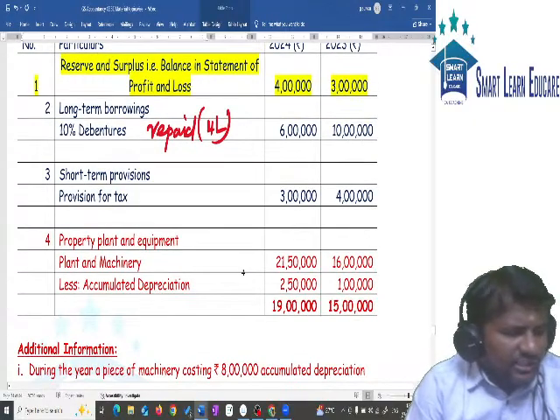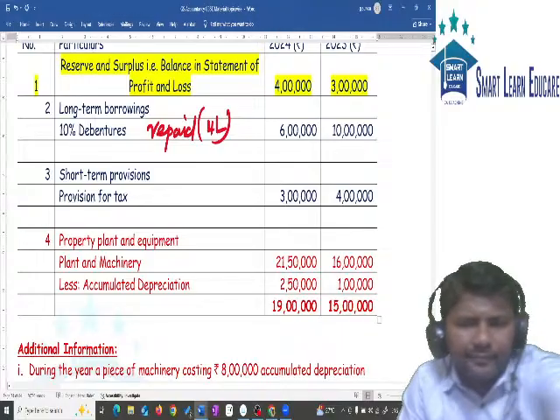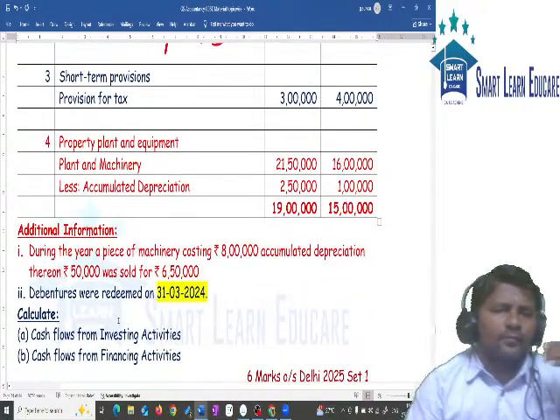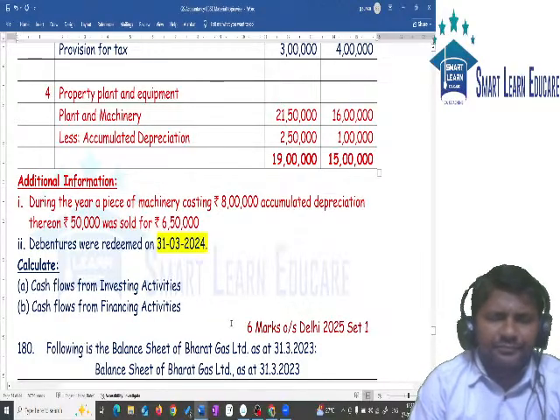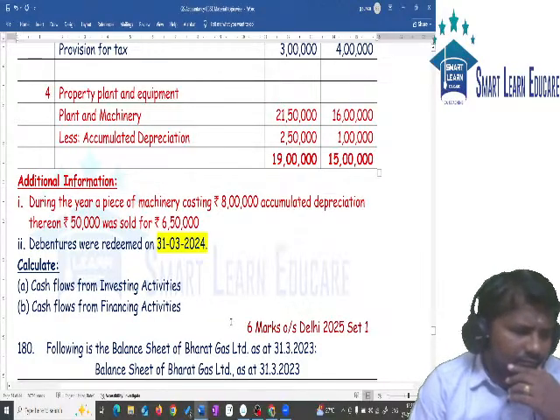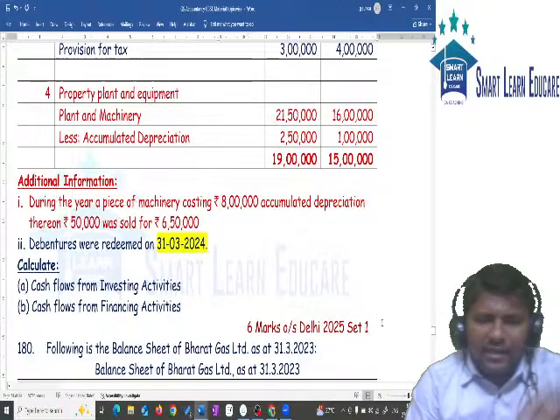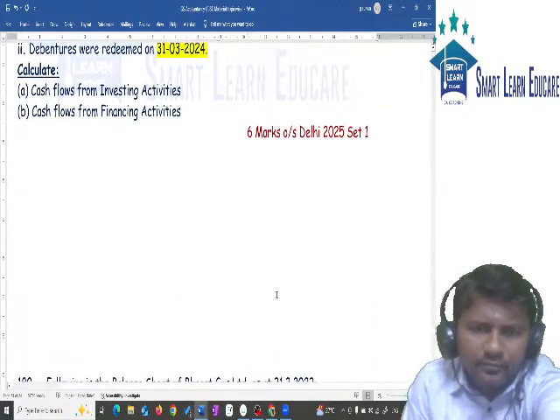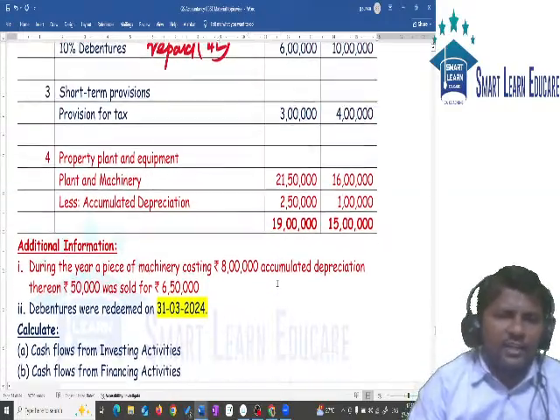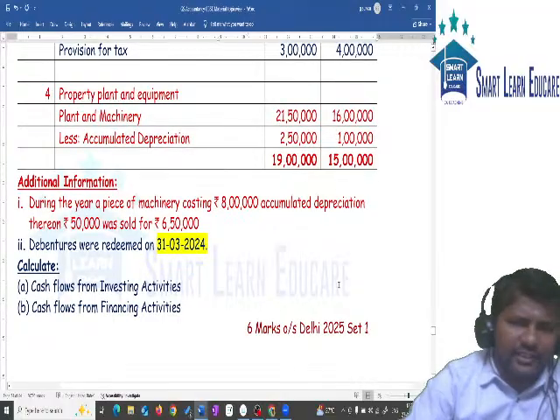First finish investing. Investing is the same as the last question. So we will have the ledger accounts for investing. Same as the last question. What are the ledgers we require?